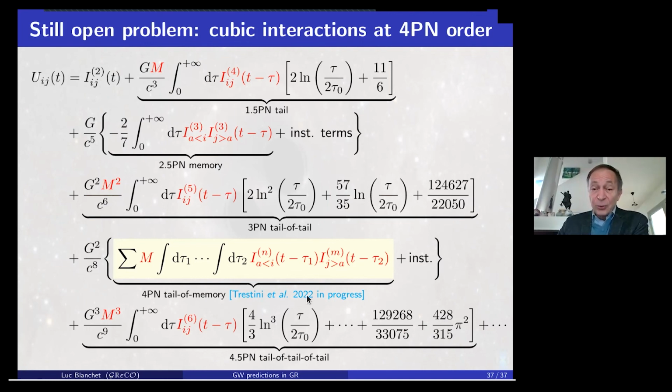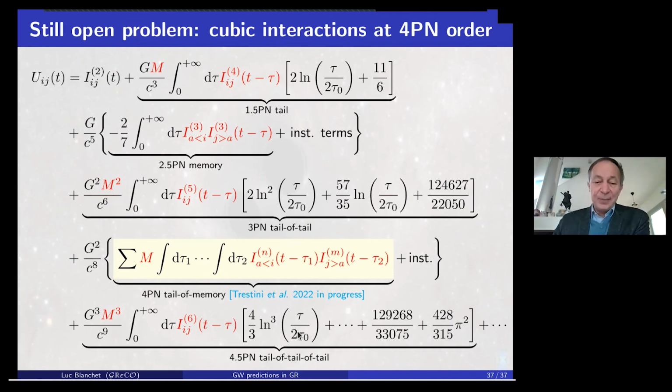And then there are the non-linear effects. At leading order, this is 1.5PN order, this is a tail effect. And then there is a memory effect, at 2.5PN. There is a tail of tail at 3PN. And there is a tail of tail of tail at 4.5PN order, which is known.